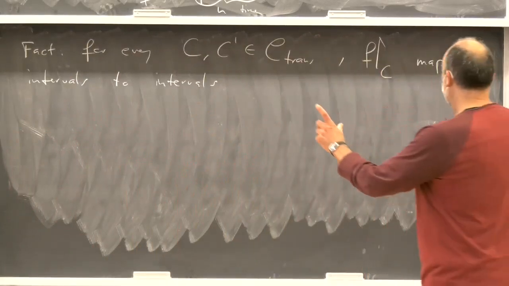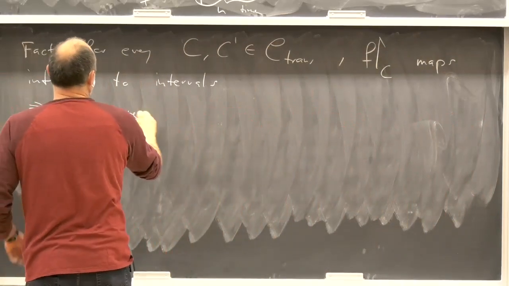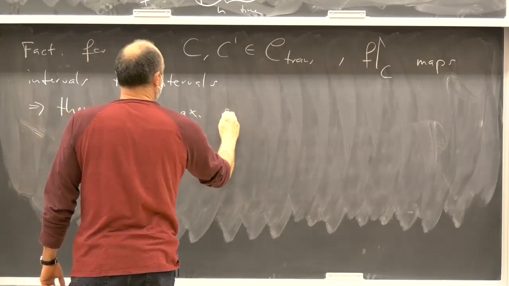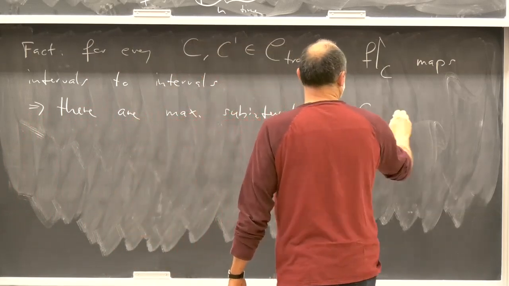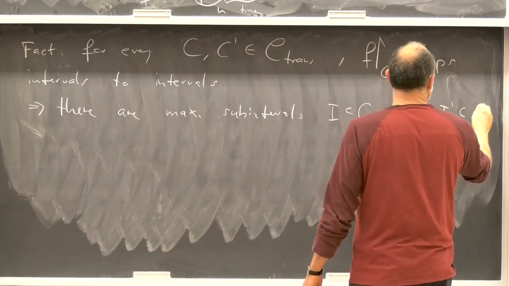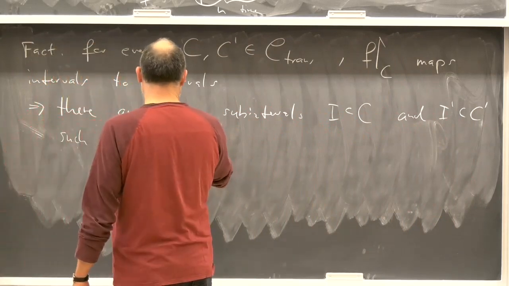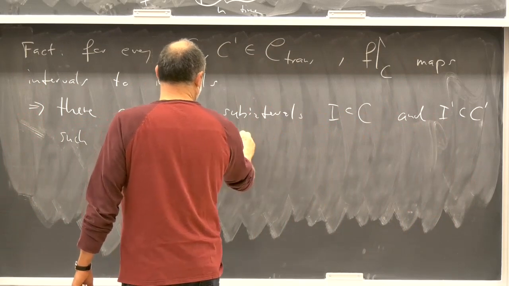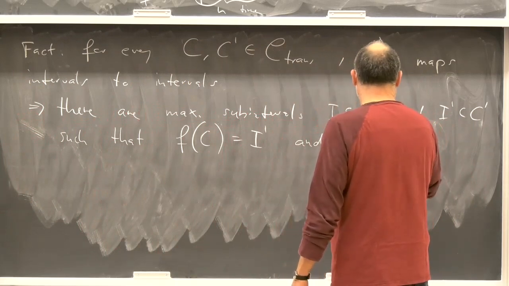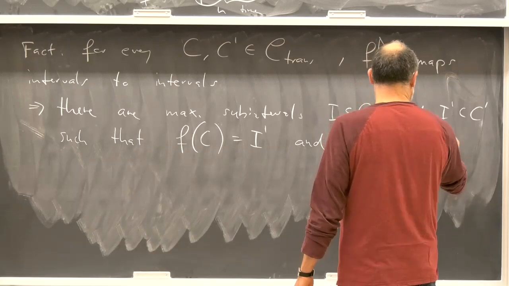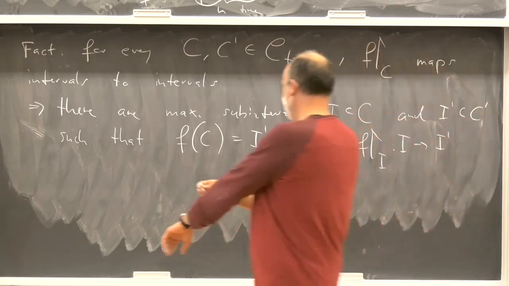Which means that you can find maximal subintervals, possibly empty, I of C and I prime of C prime, such that if the whole image is I prime, the restriction of F to I to I prime is bijective, an order isomorphism, something like that.